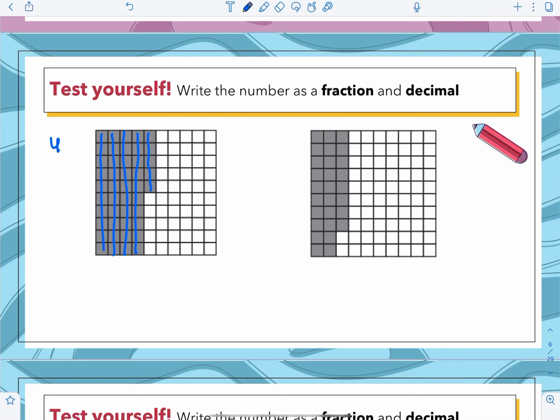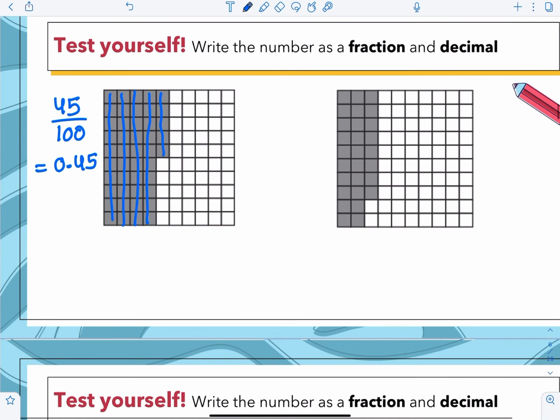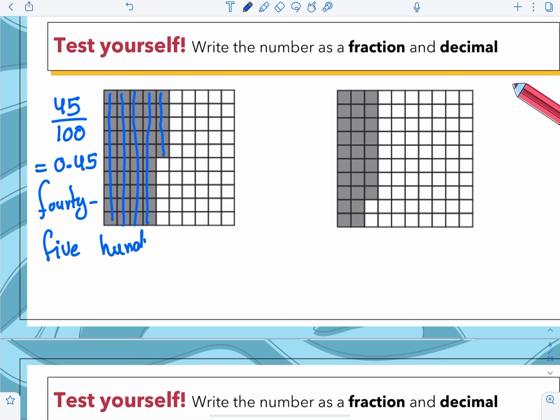So I have 45 parts, shaded part out of 100. As a decimal, this is going to be 0.45, and in words, this is going to be 45 hundredths.